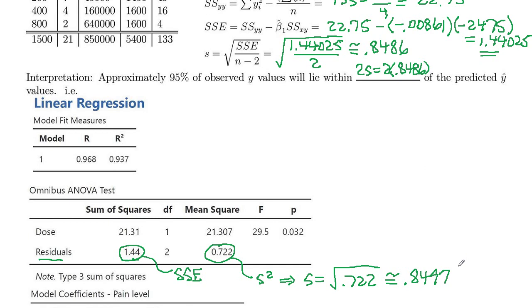So that is our s. This one is more accurate. Here we've got some round off error because we did not use all the values in the slope, so that would change things slightly. That's what we're seeing.